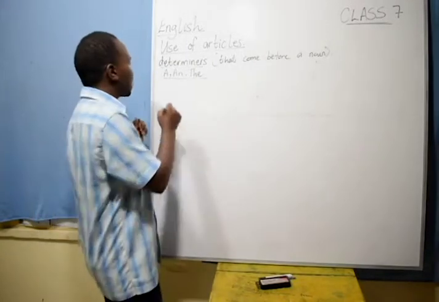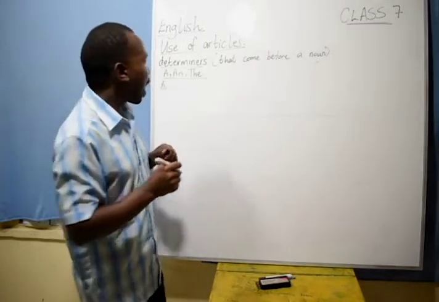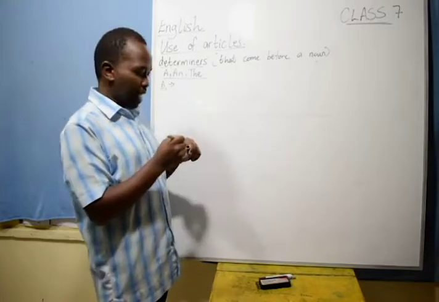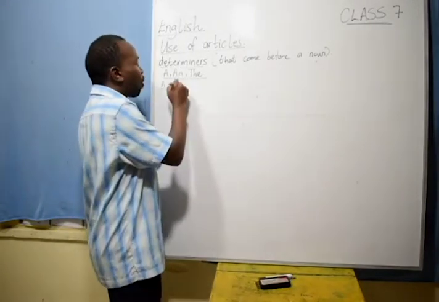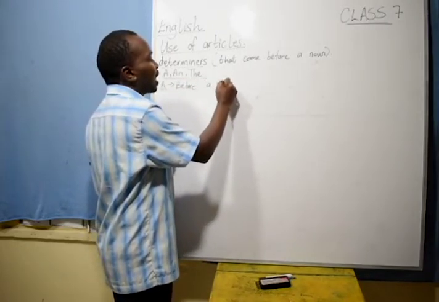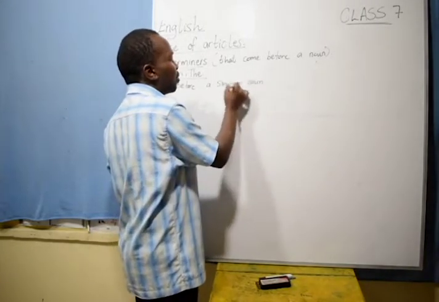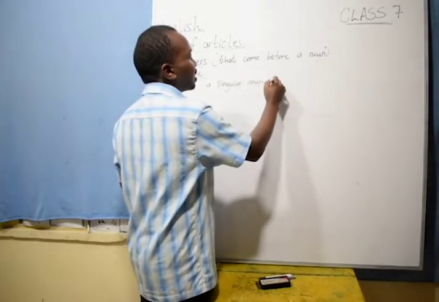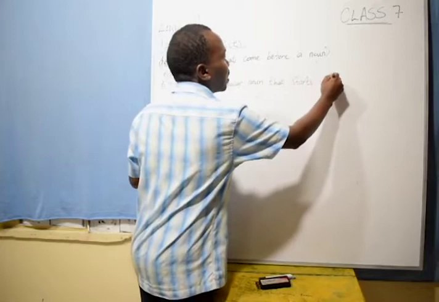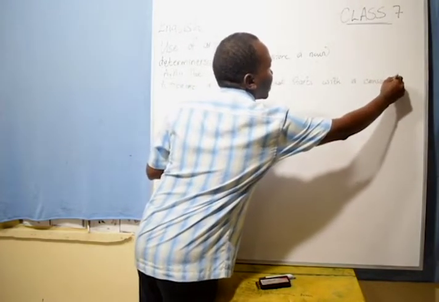Now, we are going to start with article a. How is it used? There are several uses of this article. One of the uses is before a singular noun that starts with a consonant letter.